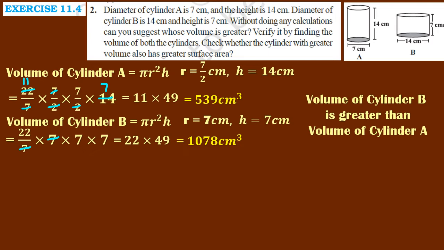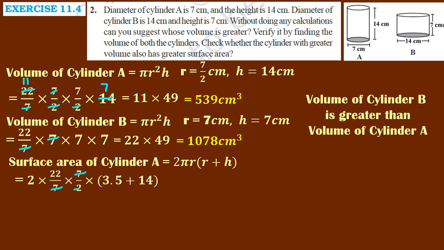Now let us find the surface area. So surface area means you have to find the total surface area. If it is mentioned only surface area, that means it is total surface area. Surface area of cylinder A, 2 pi r into r plus h. So substitute the values. So r equals 7 by 2, that is why I put 3.5 for easy calculation.